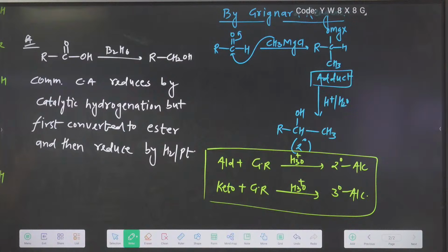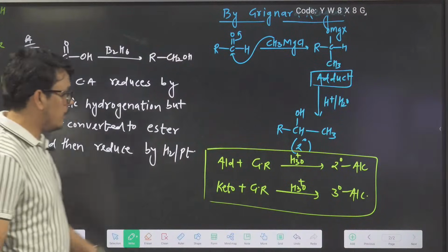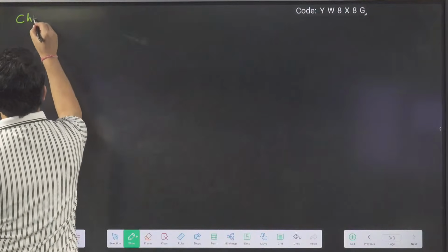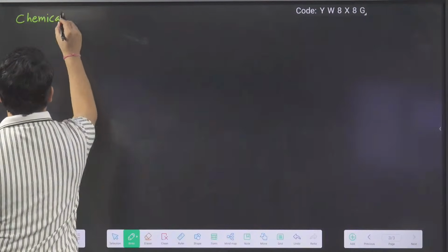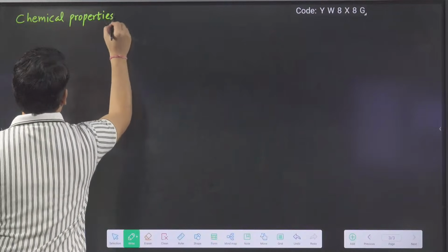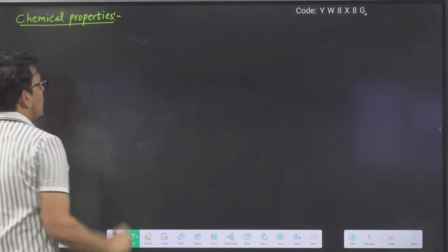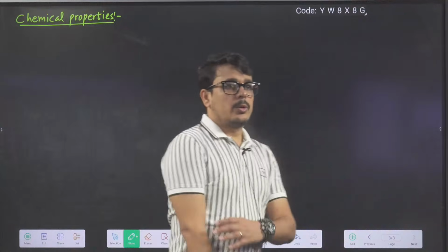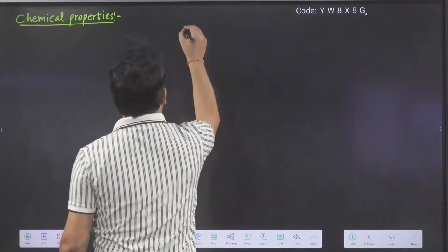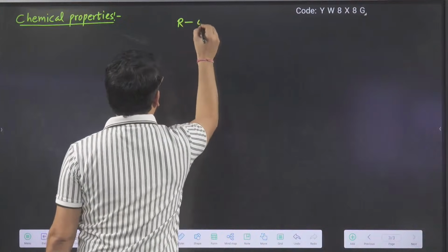Now after this one we will start chemical properties of alcohol. So everyone this side. Alcohols means what? ROH group.